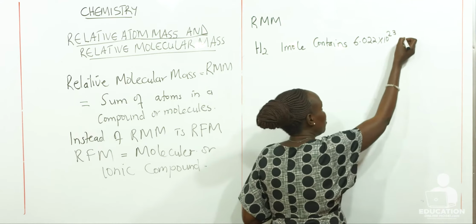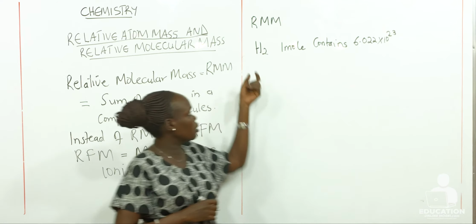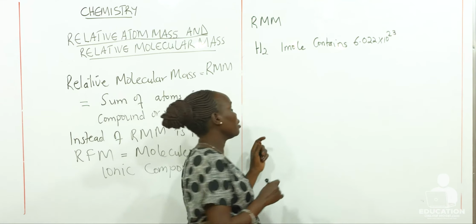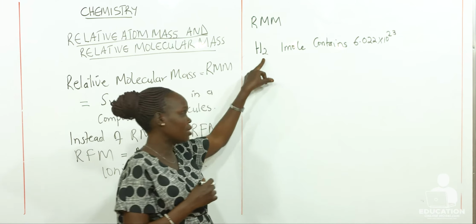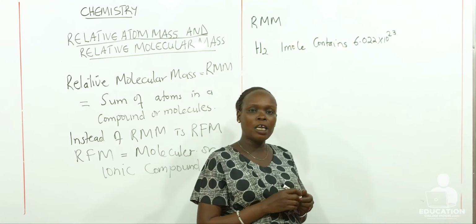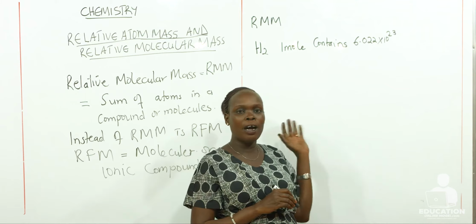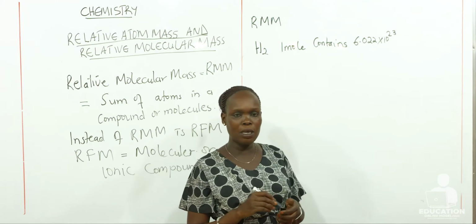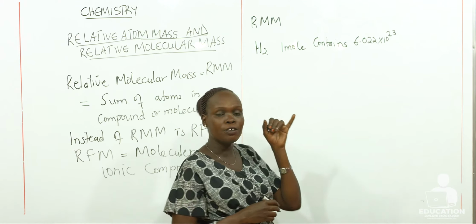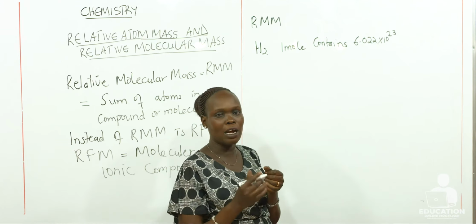So here, what will be the relative formula mass for this compound? Because there are two atoms of hydrogen here, we shall have to add the relative atomic mass of hydrogen. Here the relative atomic mass of hydrogen will be 1, and if you add 1 to 1, then we shall have 2.